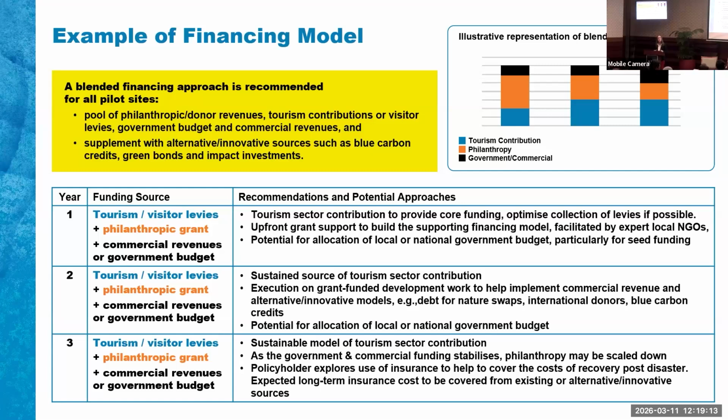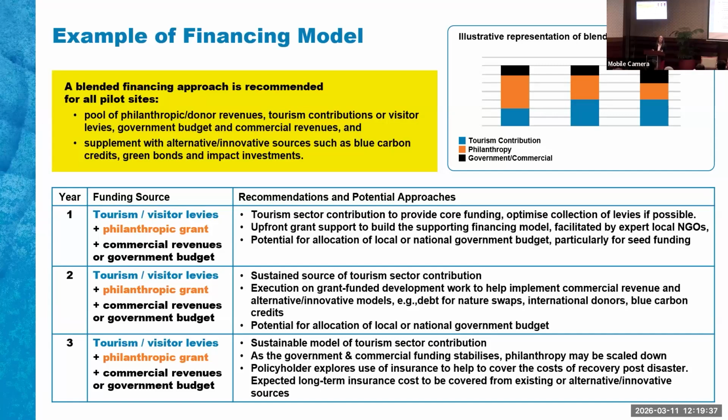The other common element, and I think some of the earlier speakers mentioned it, was that there's a lot of potential to optimize the collection of current tourist levies and visitor fees. Some of these green fees may already be well collected, but perhaps there's an open window to direct some of those green fees towards this coral reef resilience and risk management program.